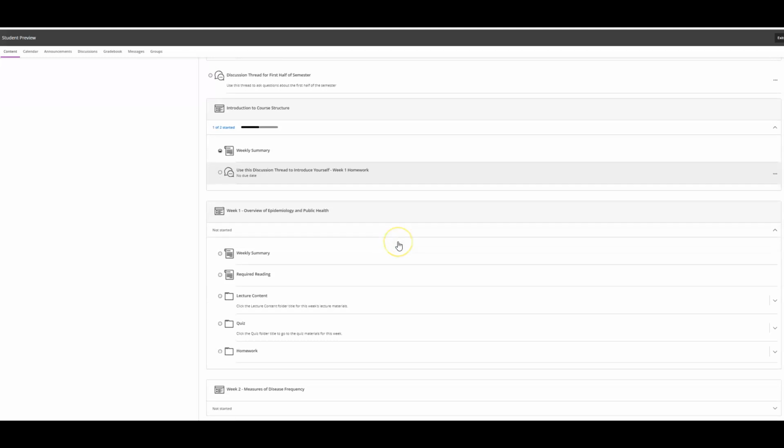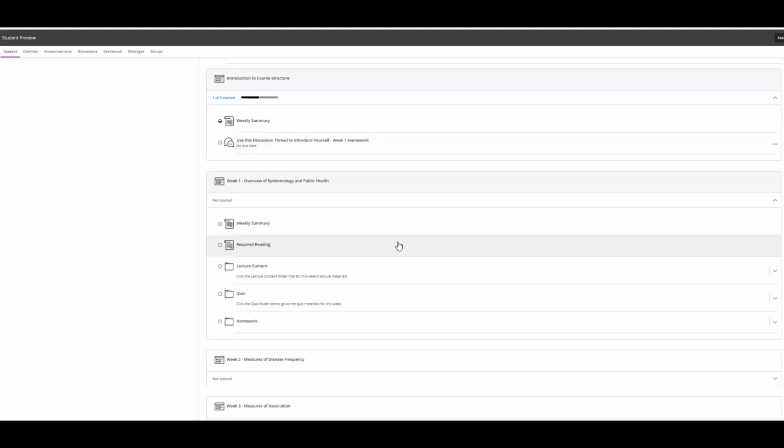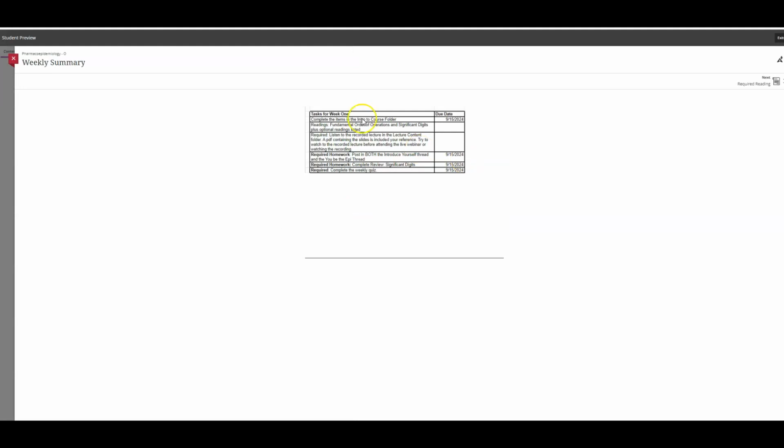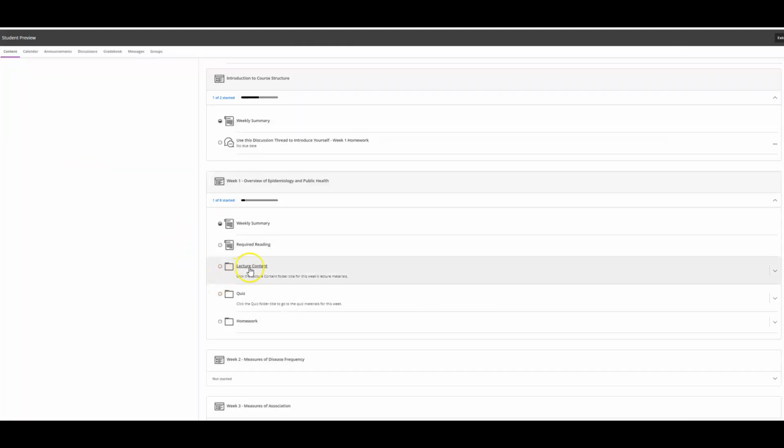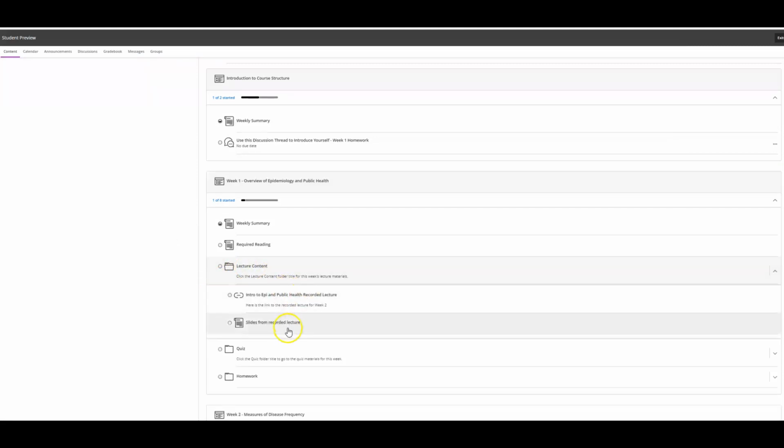Then we start numbering the weeks after the first week. Every week you're going to see exactly the same structure here, a weekly summary that's going to tell you exactly what's due that week, along with the lecture content for that week, as well as slides that you can print from the recorded lecture.